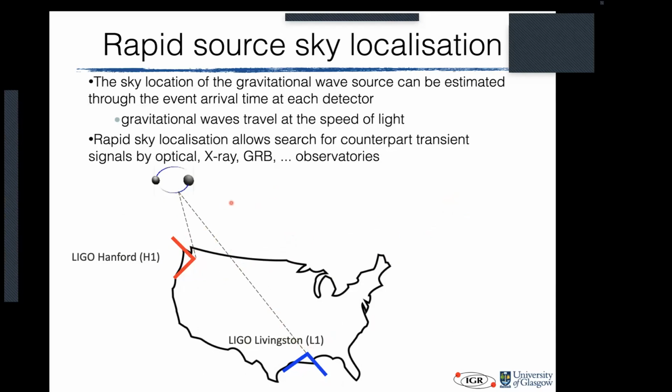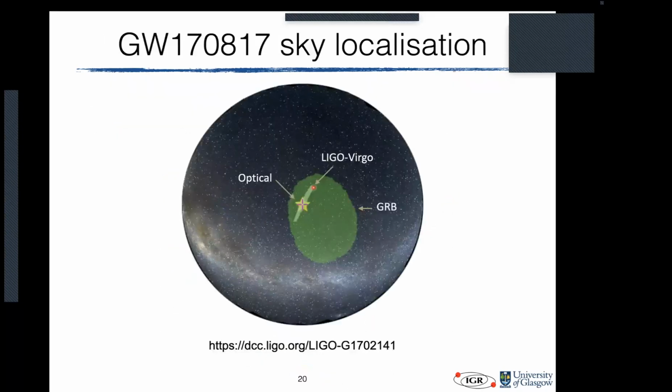Now, these are still very poor localizations compared to what you would expect for EM sources and so on, but for this particular source, we got very lucky. So here's the LIGO-Virgo localization of that source, which is this green thing here. The GRB localization, because it was only observed by the burst monitors, was relatively large, which is here.